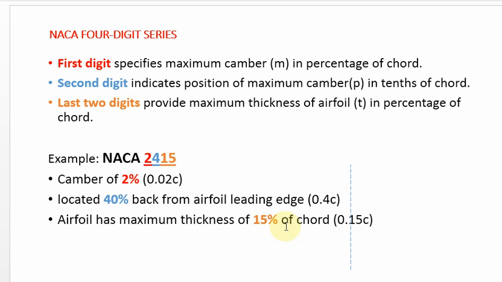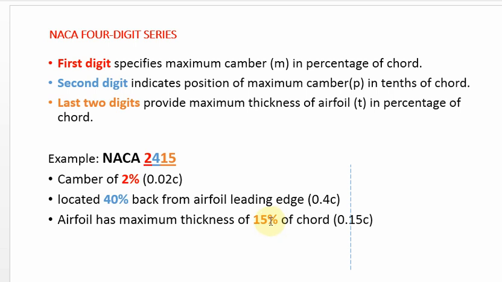So suddenly you may have a doubt. The first digit indicates the maximum camber value, the second digit indicates the position of the maximum camber, and the last two digits indicate the maximum thickness of your aerofoil. Then the next question: what may be the position of the maximum thickness? In these cases the four digits do not mention the position of the maximum thickness of an aerofoil.